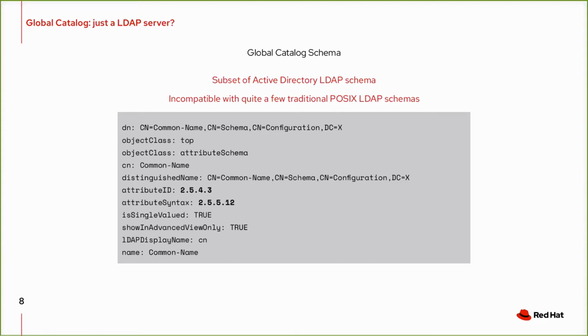Other examples of schema inconsistencies are attributes that are defined as single-valued inside Active Directory, but multi-valued inside the traditional POSIX schema, or object classes that do not contain exactly the same set of attributes in Active Directory schema or in traditional POSIX schema.